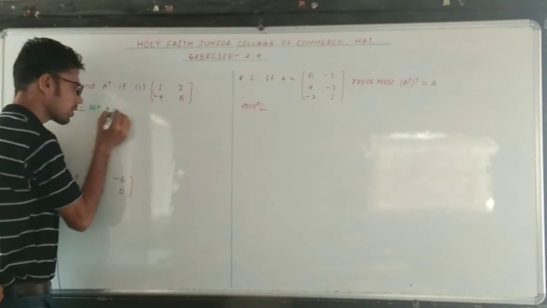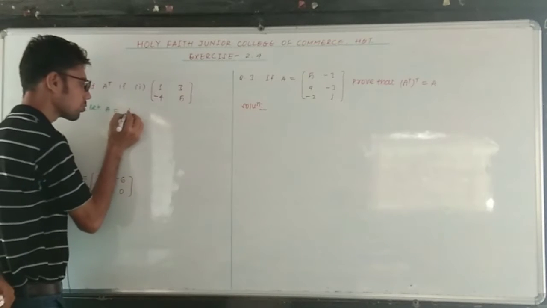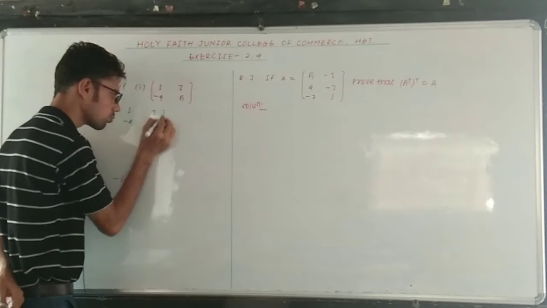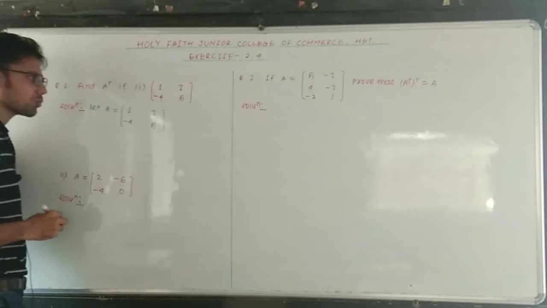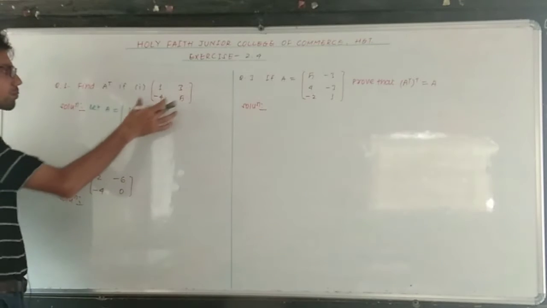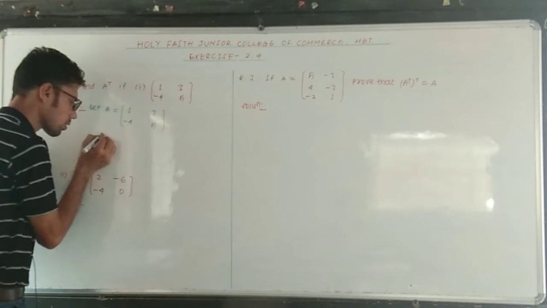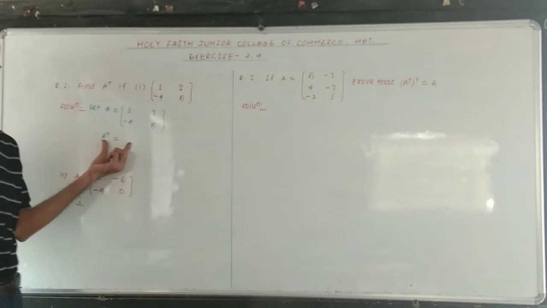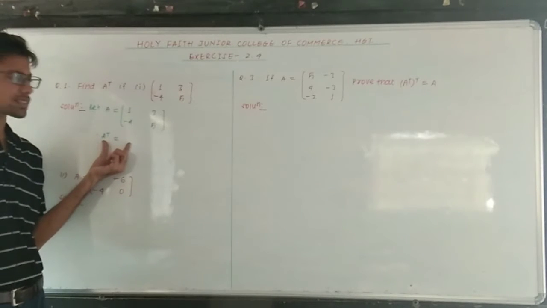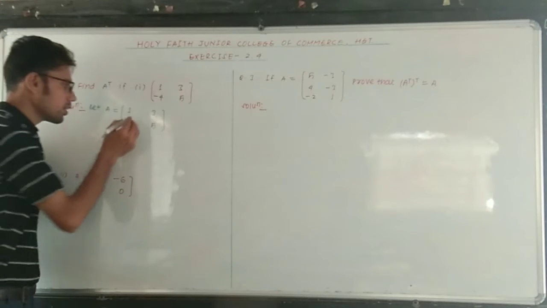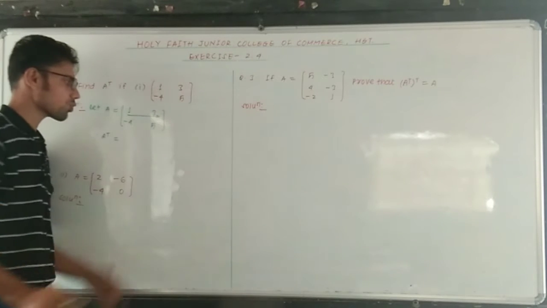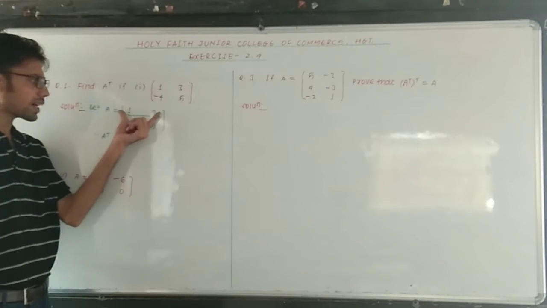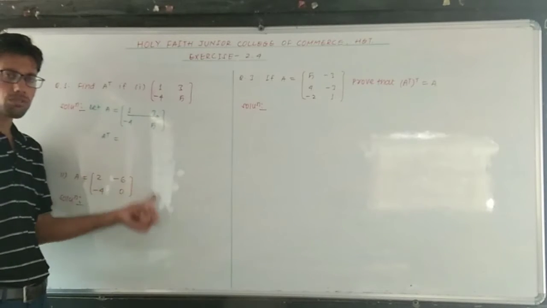Let capital A be equal to [1 3; -4 5]. Therefore, the transpose of A is obtained by writing the first row in the first column.